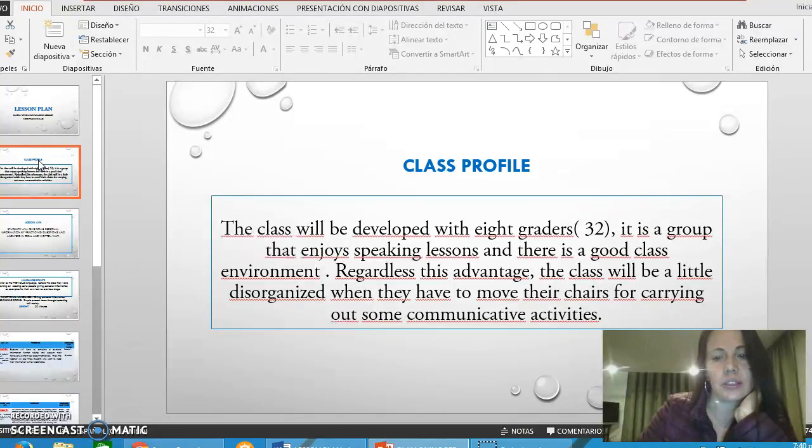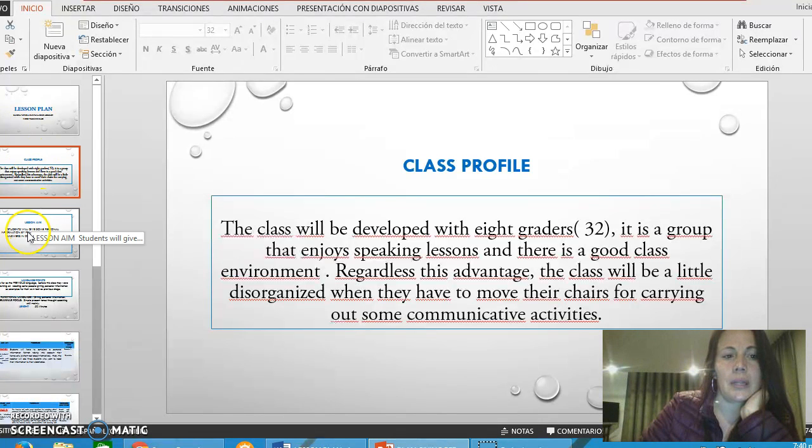Regardless of this advantage, the class will be a little disorganized when they have to move the chairs for carrying out some communicative activities. So the class profile has to do with the description of my group or my students, the advantages that I have for classes, and the possible problems that I will have with them.